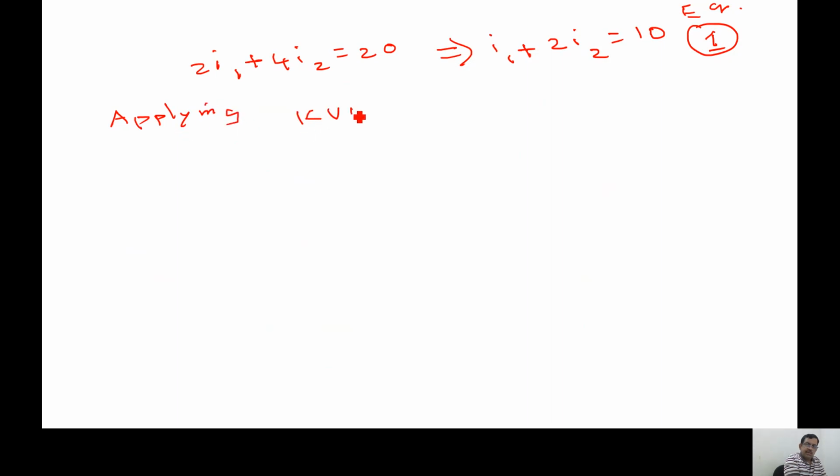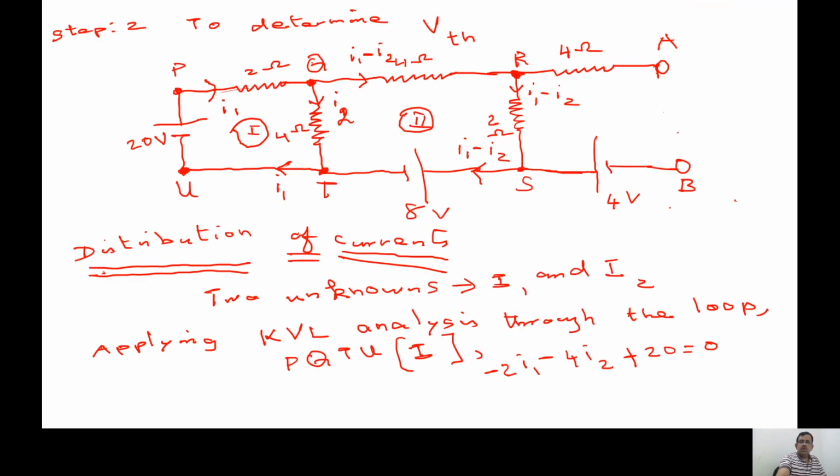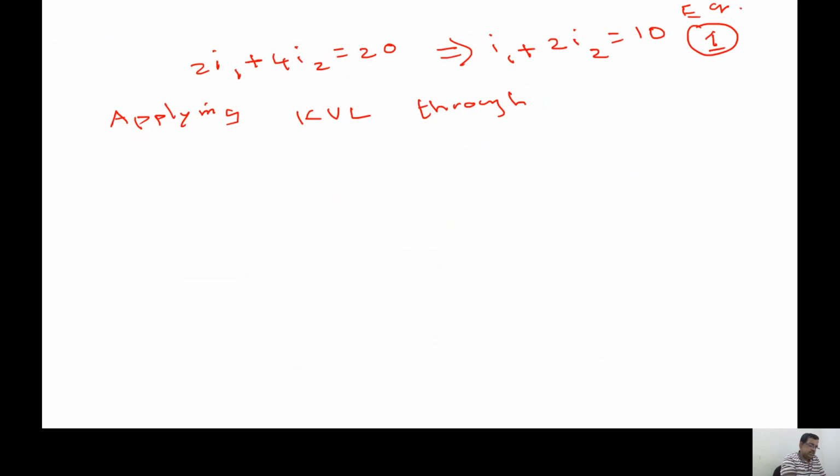Now similarly applying KVL. We need 2 equations to solve for I1 and I2. You can apply through the bigger loop also, but in this case, because the smaller loop is better, I will take the smaller loop. So I have QRST. I'm going to apply through QRST, or simply loop 2.